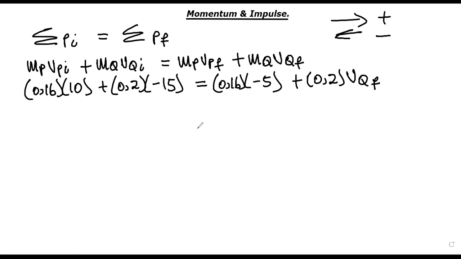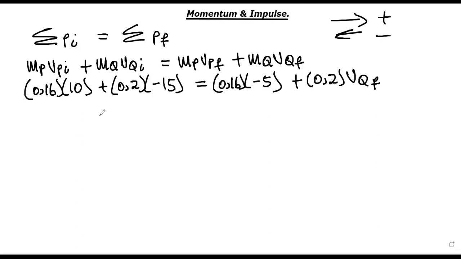Now, how do we take care of this mathematics? This is actually one term, so we transpose it to the left so that it becomes positive. So what am I going to type in my calculator? 0.16 times 10 minus 0.2 times 15 plus 0.16 times 5.